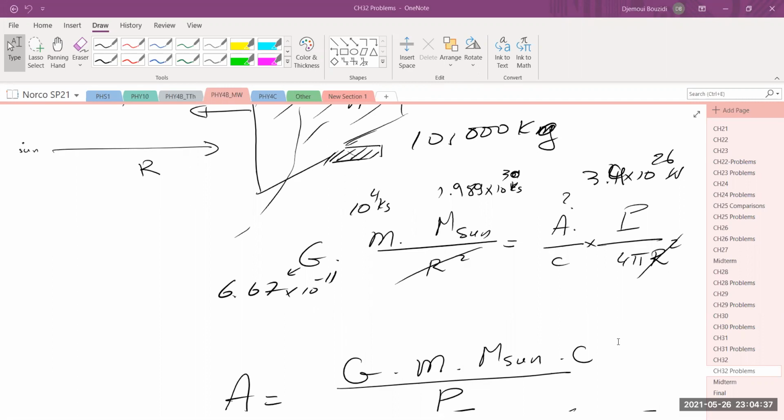So that's why the thermodynamics of the sun is more important than the EM waves and how much pressure they exert and things like that. So I'm going to skip these two problems for right now. Does this make sense to you guys?